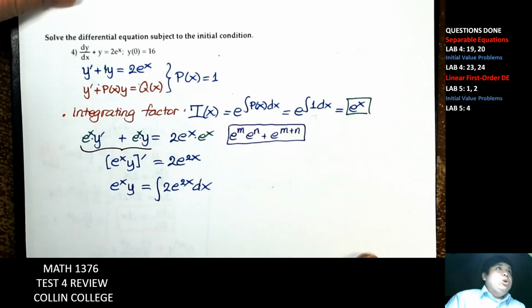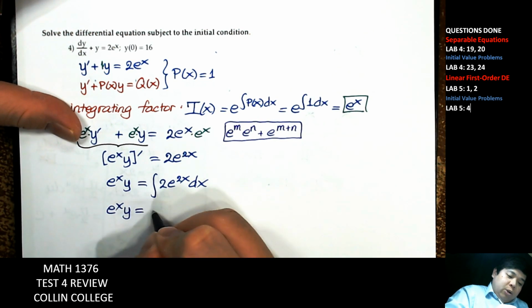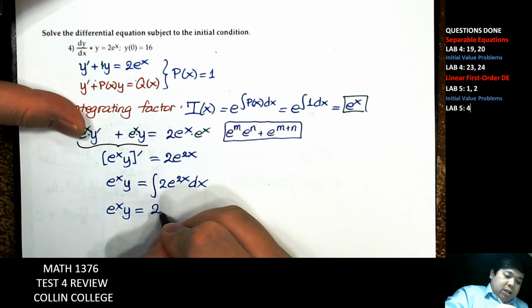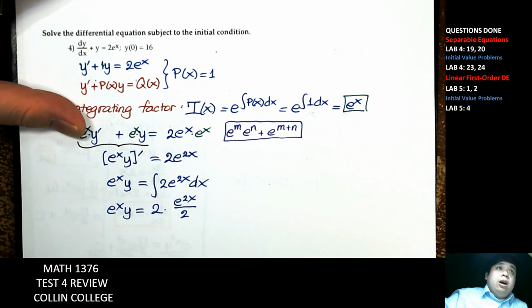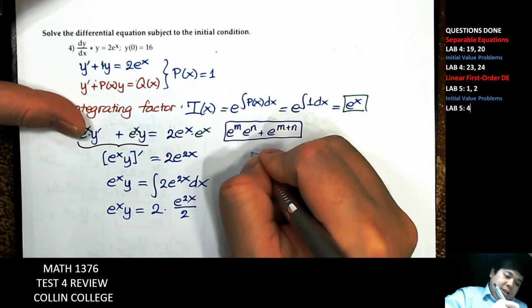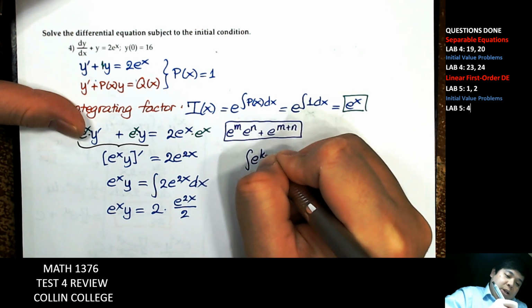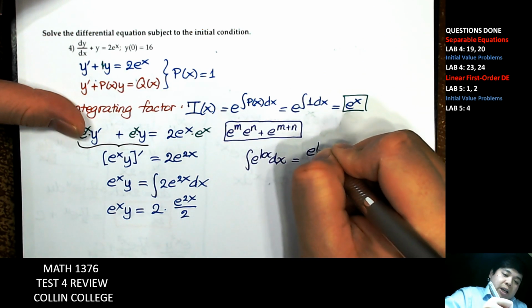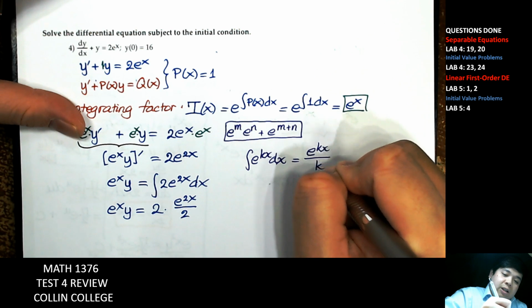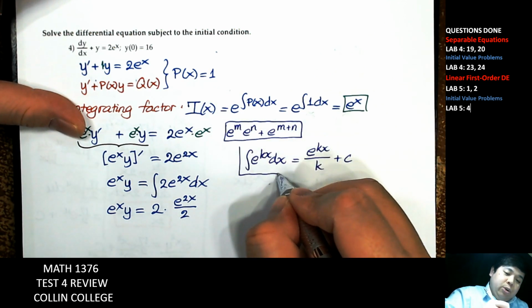So we should have e to the x times y equal to the integral of e to the 2x, which is e to the 2x over 2. The integral formula: the integral of e to the kx dx equals e to the kx over k plus c, and k in this case is 2.